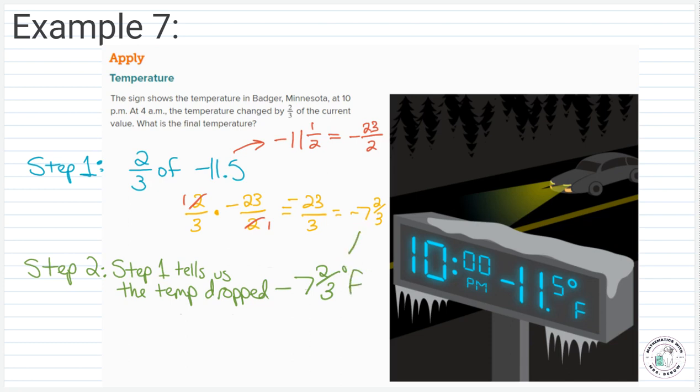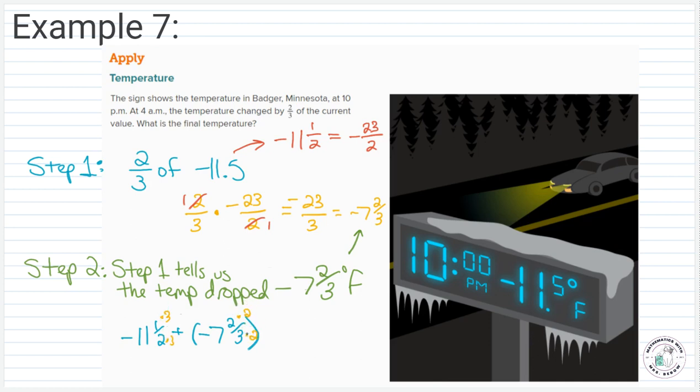So that is coming from our previous step. So to figure out what the final temperature is, well, we just have to add this amount to that negative 11.5. So we're going to do negative 11.5 plus this negative 7 2/3. And so working with adding rational numbers, we do need a common denominator. So in this case, 6 would be a great one to use. So we'll multiply each of these by 3, multiply each of these by 2.